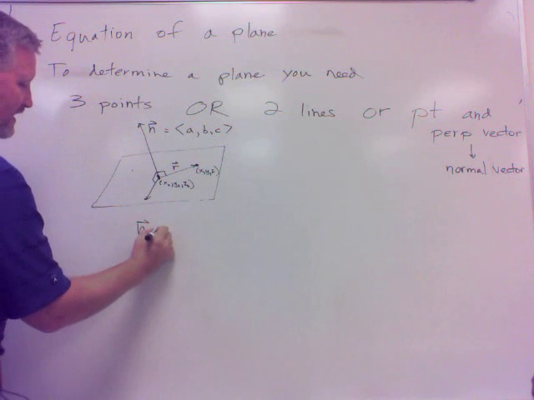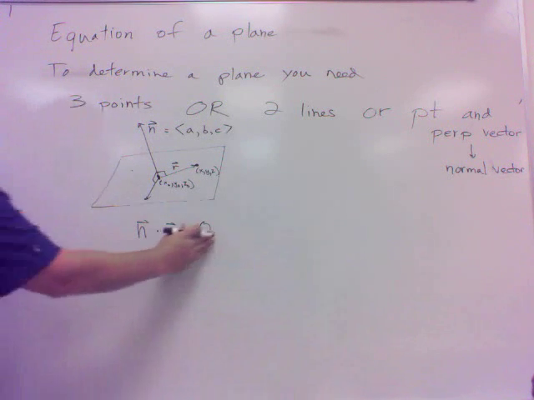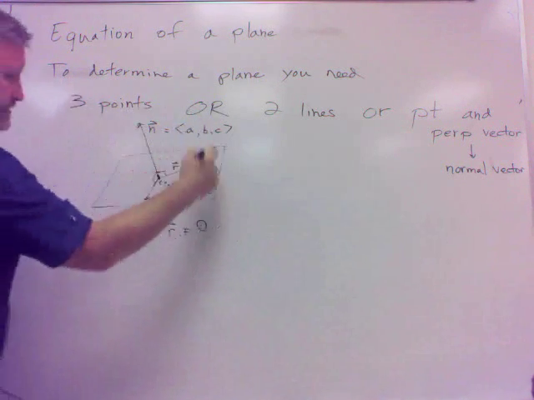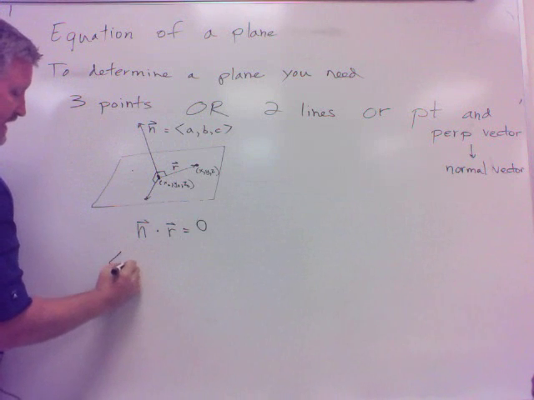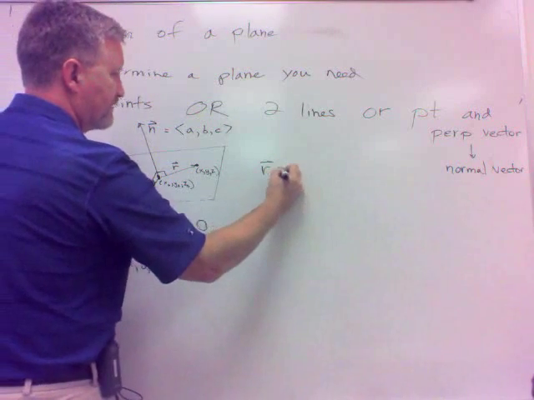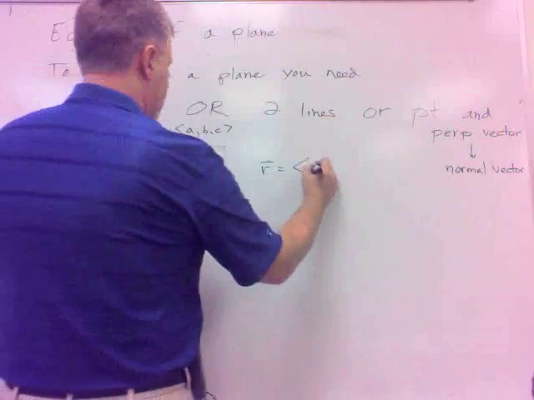So n dotted with r must be equal to 0, because they're orthogonal, perpendicular. Well, n is this ABC. Now I haven't written it, but the way I've generated r, how could I get the vector components of r? Subtract. So I subtract.